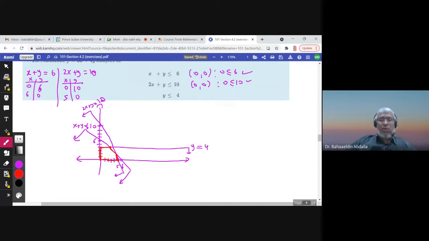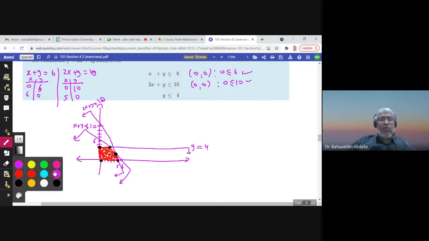This is the region that satisfies all of these conditions. And the corner points are this point, and this point, and this point, and this point, and this point.